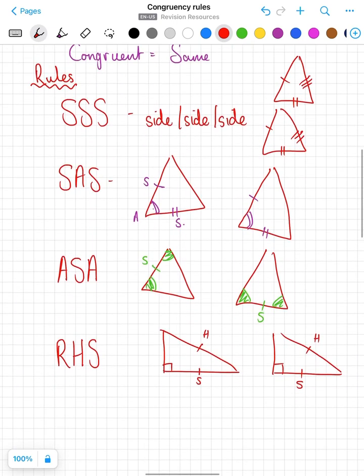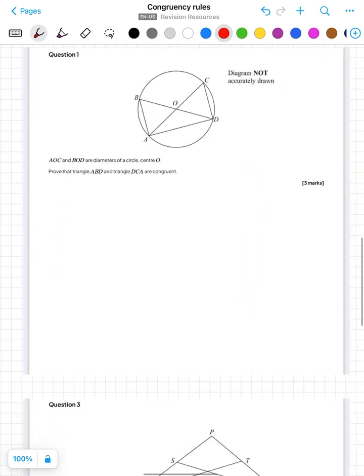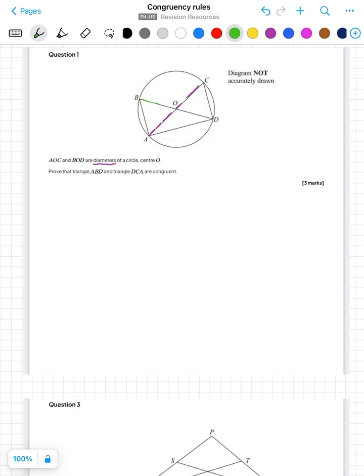So let's see how to put this into an exam question and how to use these rules. Typically these questions are 3 to 4 marks. AOC and BOD are diameters of a circle. Now we have to bear in mind they always tell us things for a reason.